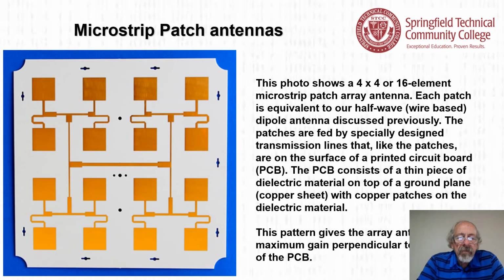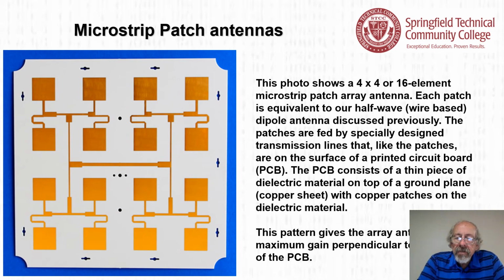So here's a picture. This is a 16 patch microstrip patch antenna. Photo shows a 4x4 or 16 element microstrip patch array antenna. Each patch is equivalent to our half wave dipole, that's our wire-based dipole antenna discussed previously. The patches are fed by specially designed transmission lines that, like the patches, are on the surface of a printed circuit board, a PCB.